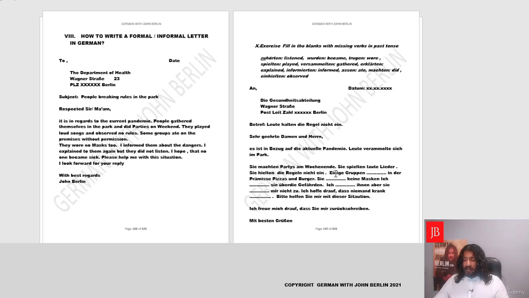Then einige Gruppe dash in der Premise Pizza und Burger. Some groups ate pizza burgers in the premise. Yes, so it's to eat. The verb to eat is essen. In the past it becomes, let's find out, must be written here somewhere, yes, it's here, assen, ate.